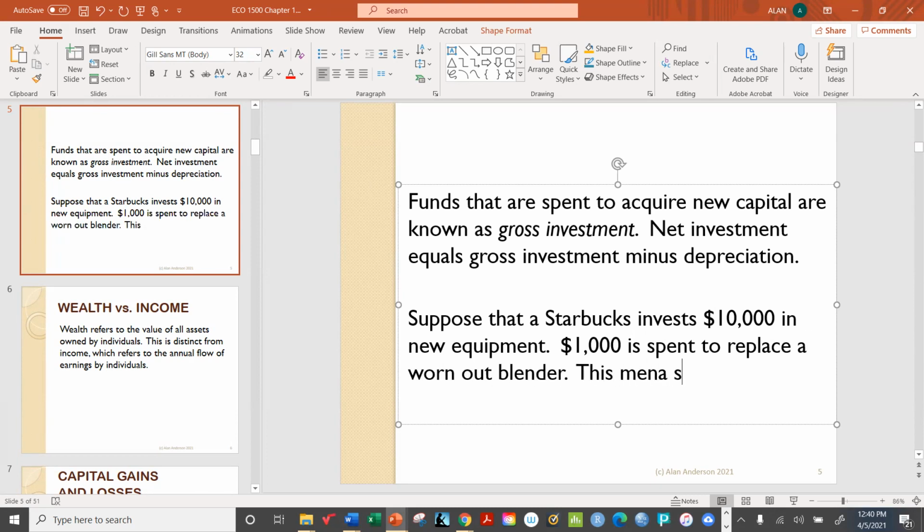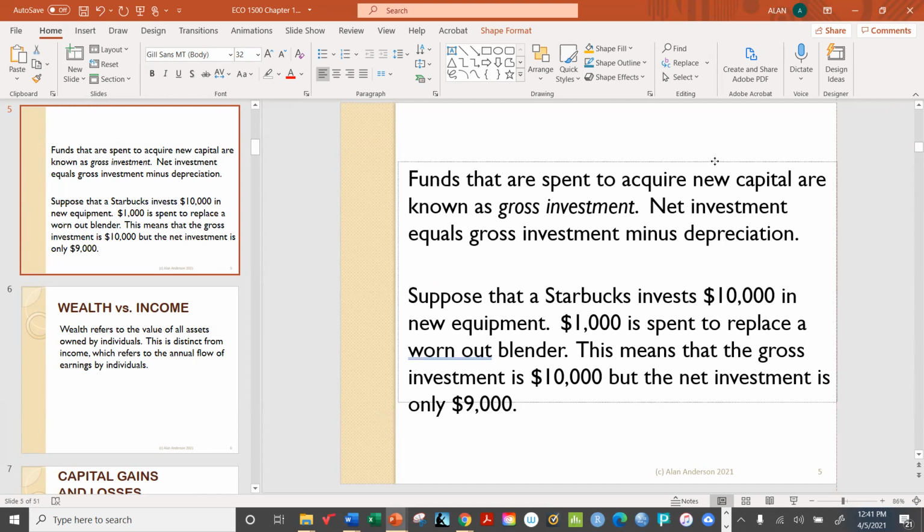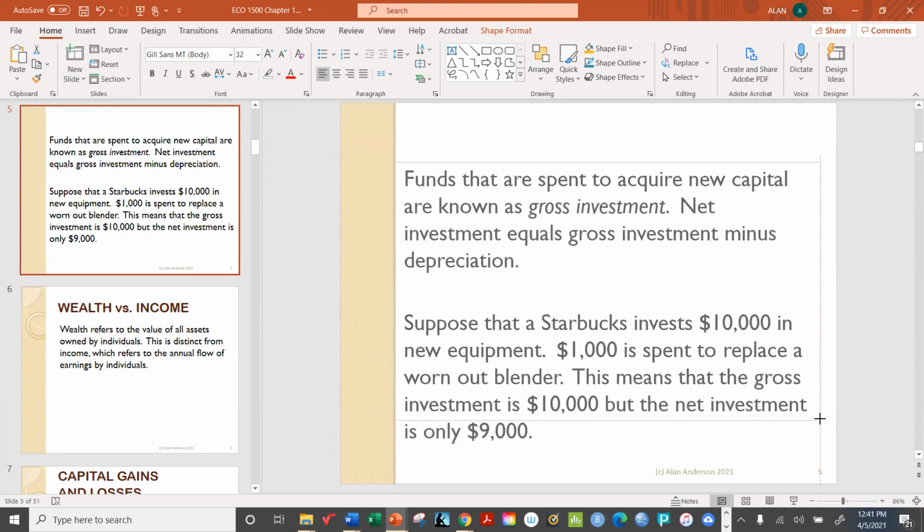This means that the gross investment is $10,000, but the net investment, because we lost all that depreciation, the net investment is only $9,000. In other words, the value of our equipment is $9,000 higher than it was before this happened. So the net is only $9,000 because $1,000 of that is being used to replace equipment that had been worn out from constant usage.